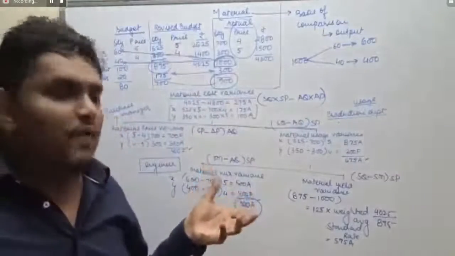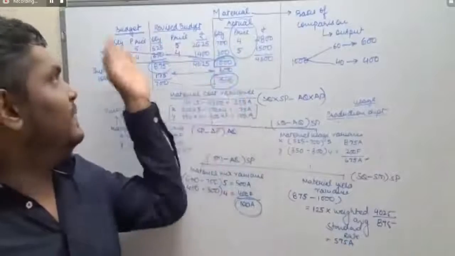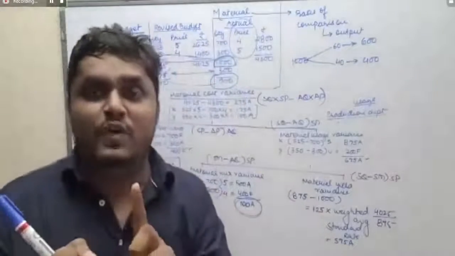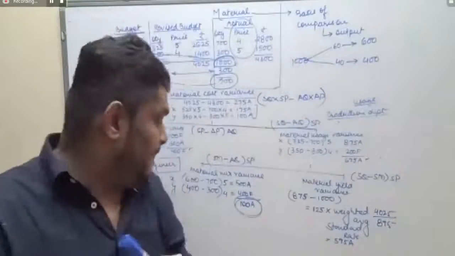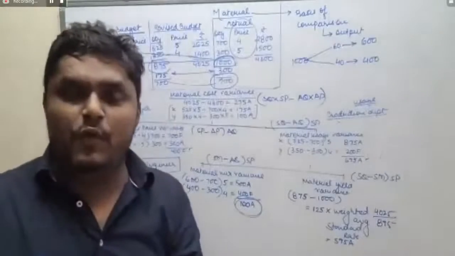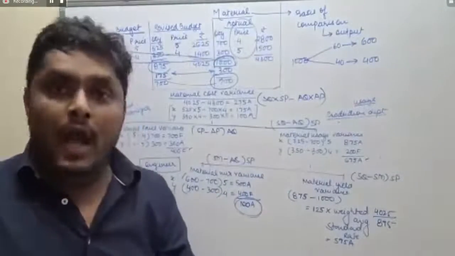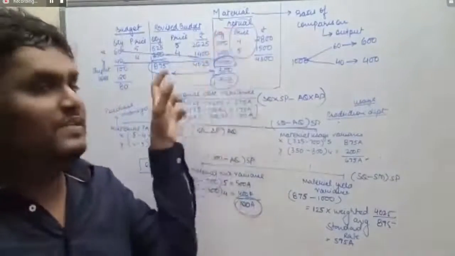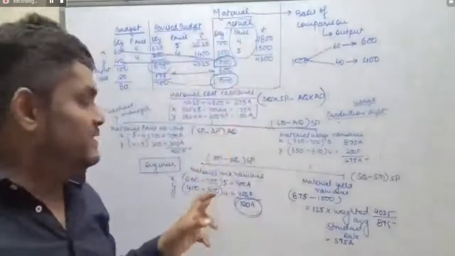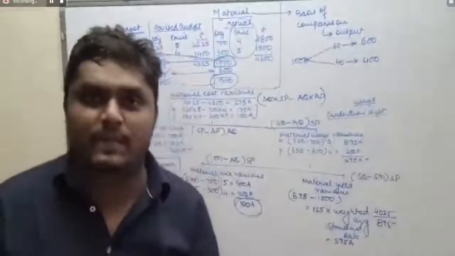Now, as far as the work of engineer is concerned, this should be the mix. That is, the mix should be in the ratio of 60:40. That is 600:400. However, the mix was changed from 600:400 to 700:300 multiplied by the standard price.